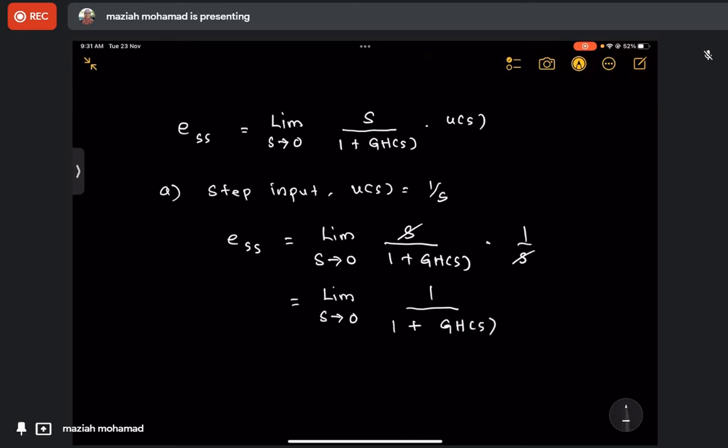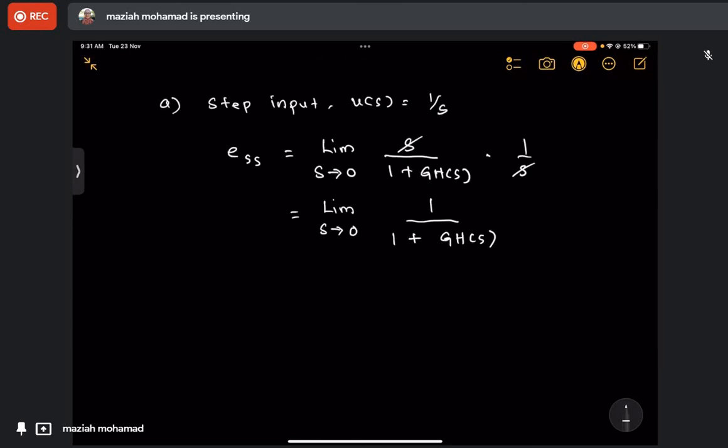So we can simplify: for a system applying unit step input, the steady state error value will be 1 over 1 plus Kp.